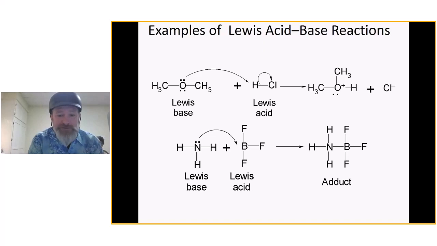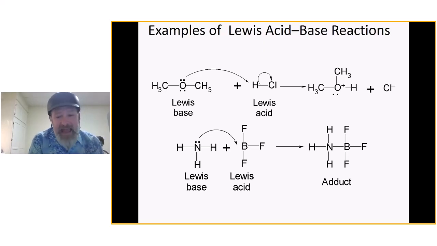Here's a few more examples of our Lewis acid-base reactions, and we can see the arrows dictate how the electrons donate and move around in this reaction. So our Lewis base that we see there, which is a dimethyl oxygen compound, is going to donate the electrons to the H, which liberates it from the Cl-, and our O+ CH3CH3H molecule is now the adduct, and the Cl- just floats off.